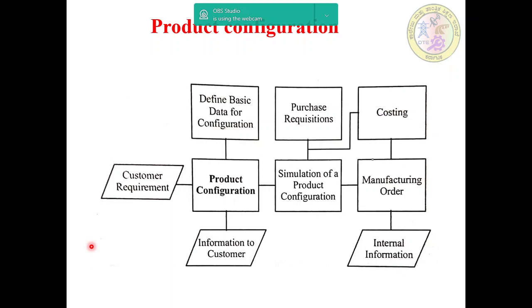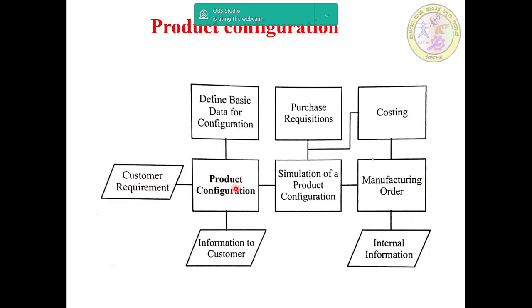Here the customer requirement can be an order, a quotation, or an inquiry requesting certain information, and then this simulated product configuration is created based on the information. Here the product information is according to the customer requirements.